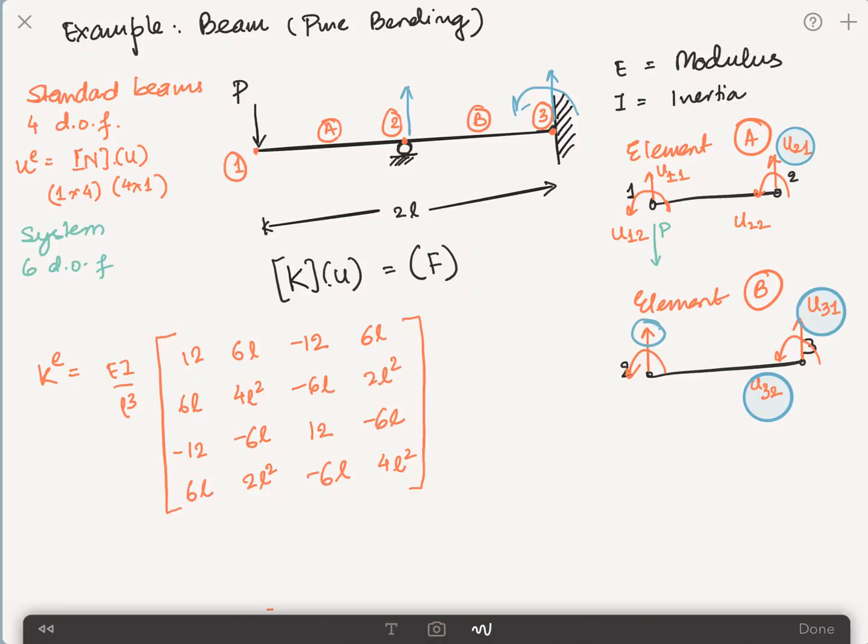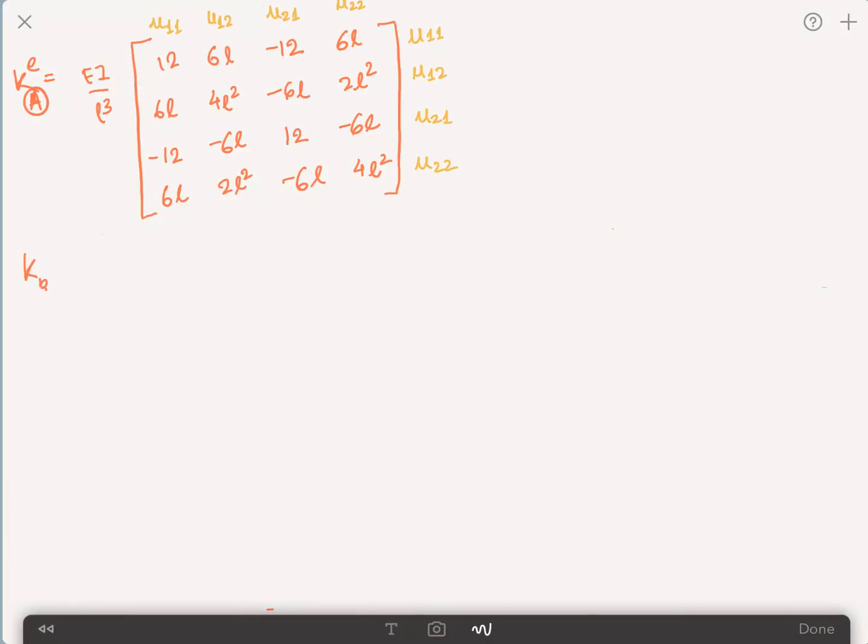Now I know that this is my building block for element 1 or element A, and I can write the same building block for element B as well. In this case for element A, I have U11, U12 dependencies, U21, U22. In the rows it's exactly the same order. I'm going to write it for element B. It's exactly the same stiffness matrix.